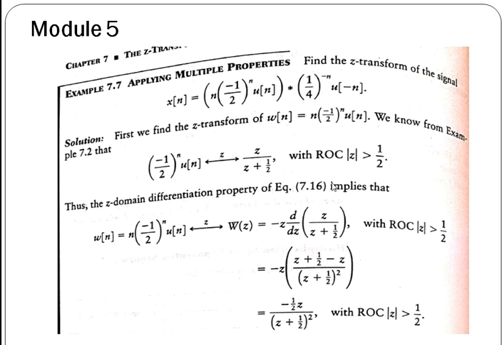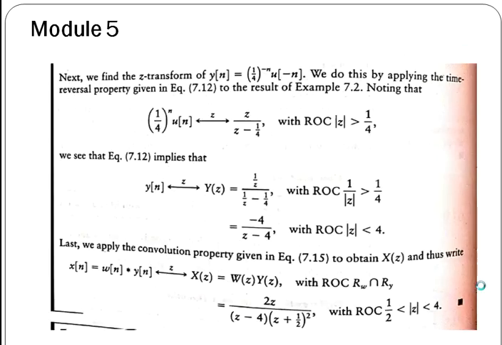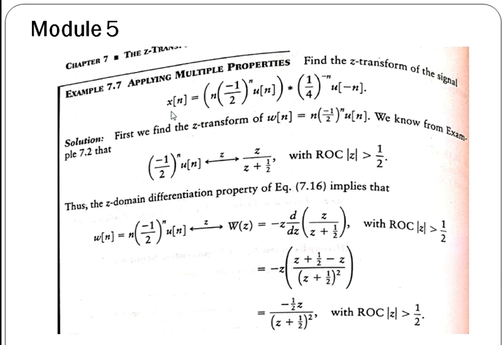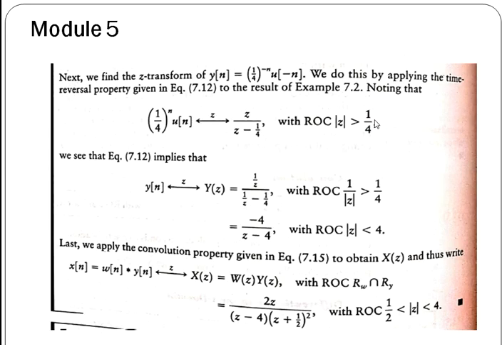Now the next thing is, we need to find the z transform of 1 by 4 raised to n u of n. It is with the minus sign, but initially we find the z transform of 1 by 4 raised to n u of n. So the z transform of 1 by 4 raised to n u of n is z divided by z minus 1 by 4.